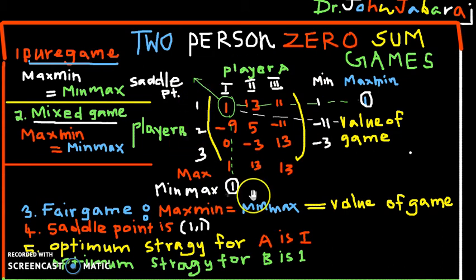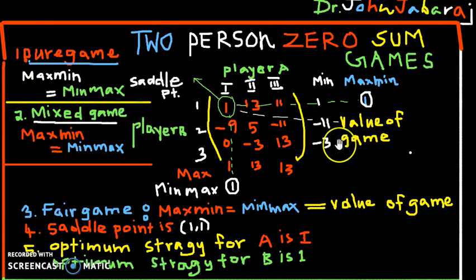Now in this situation, this is a pure game because maximin equals minimax. Suppose maximin is not equal to minimax, then we call it a mixed game. It's not a pure game, it's a mixed game. I will talk about that later. This time we talk about the pure game only. Next time we talk about the mixed game.